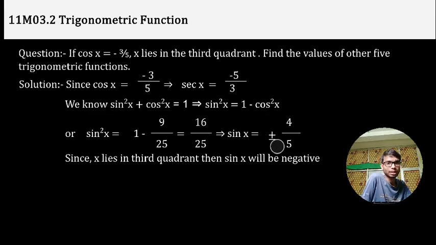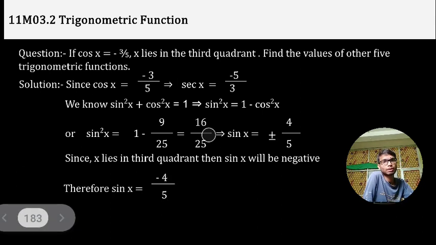So here, rather than applying positive, we will apply negative. So the final answer would be minus 4 upon 5. This minus came because of the quadrant. It is saying that this value of theta is in the third quadrant.